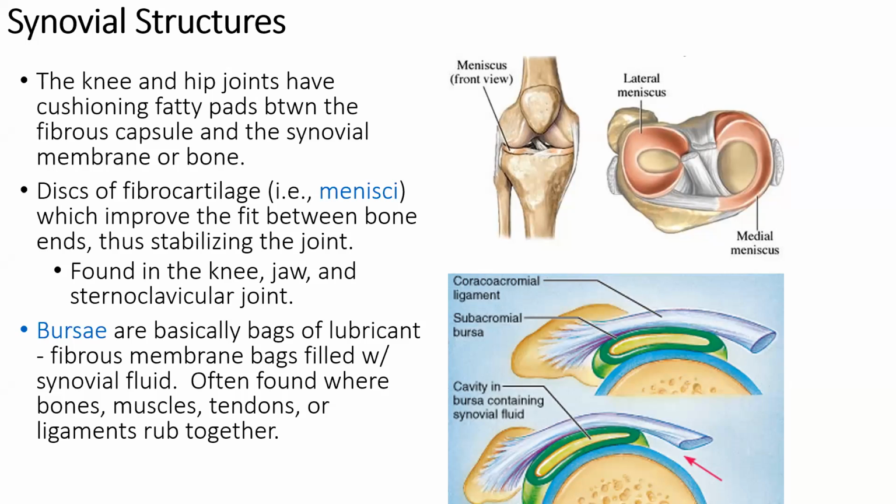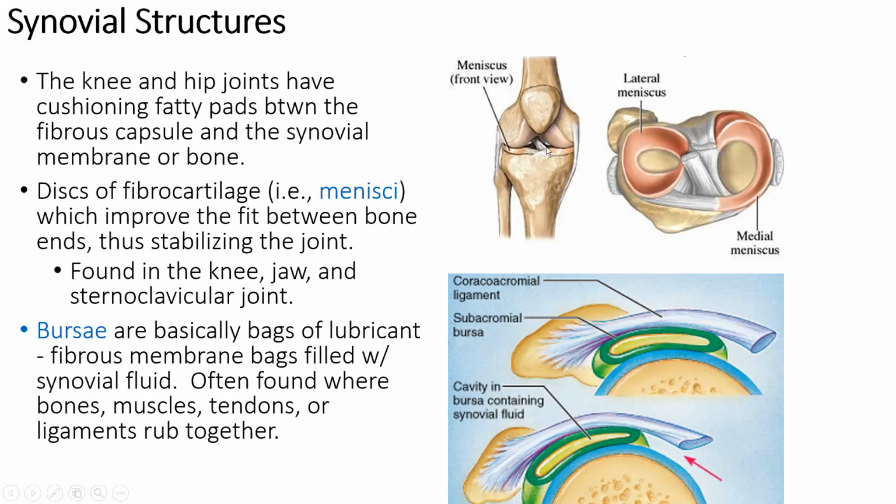In addition to the hyaline cartilage and the joint capsule, we often have pads of cartilage separating the ends of the bones. The fibrous capsule is often protected by this pad of cartilage. We call this the meniscus.